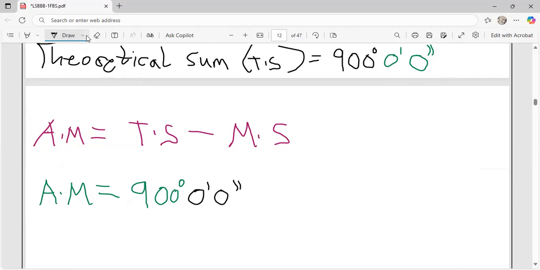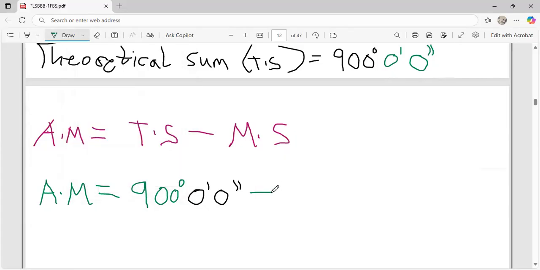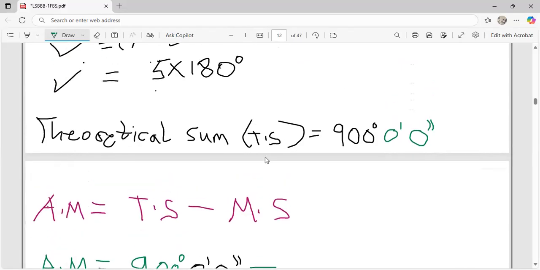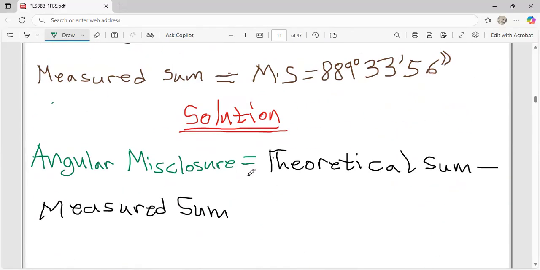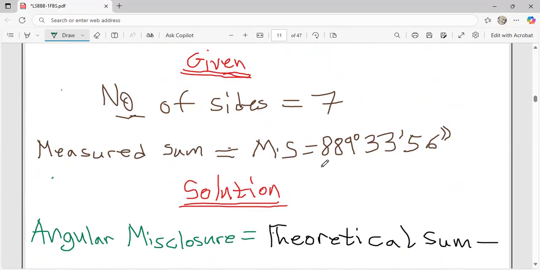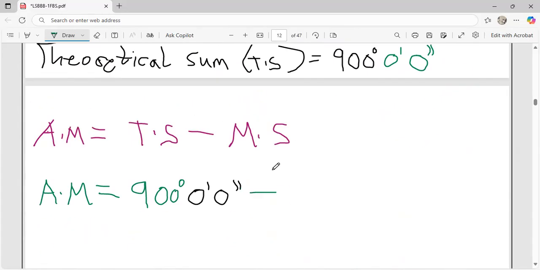Minus the measured sum, and the measured sum was 88 degrees, 33 minutes, 56 seconds. So let's also write that down.